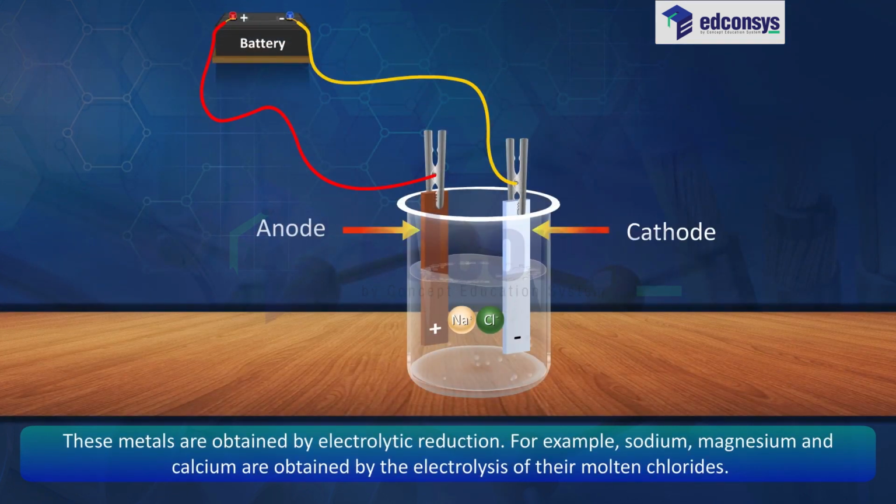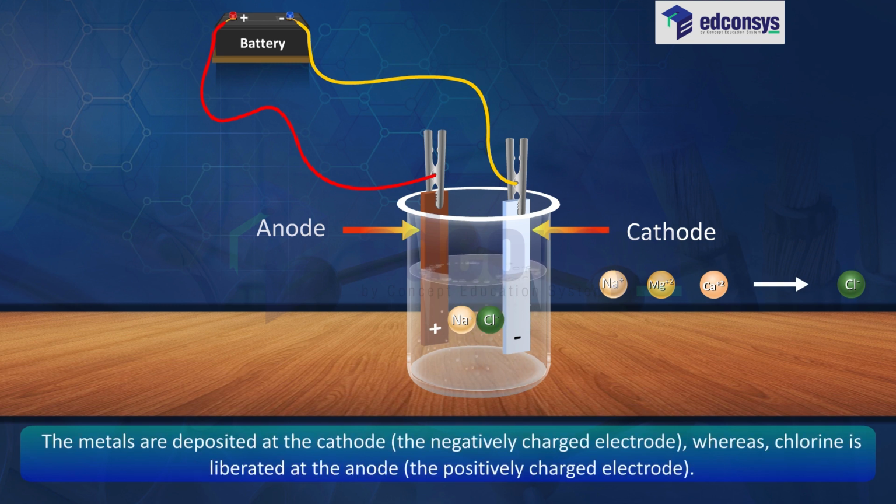These metals are obtained by electrolytic reduction. For example, sodium, magnesium and calcium are obtained by the electrolysis of their molten chlorides. The metals are deposited at the cathode, that is the negatively charged electrode, whereas chlorine is liberated at the anode, the positively charged electrode.